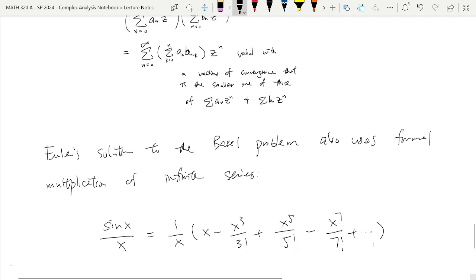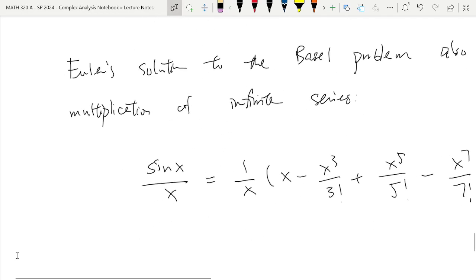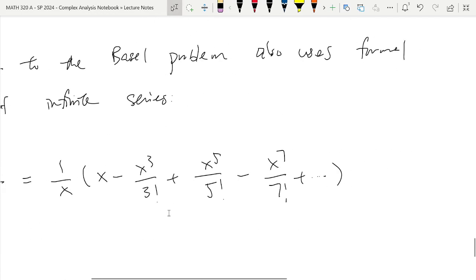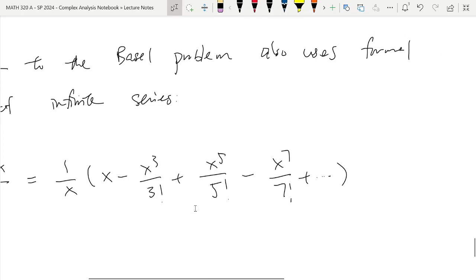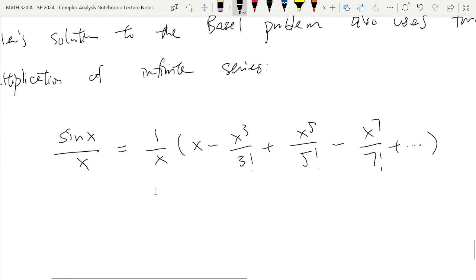And of course, he did not have a lot of regard for the validity. Of course, he just said, okay, x is not equal to 0. That's it. Okay. But if you allow the redefinition of that point, on the right hand side, you actually see this.